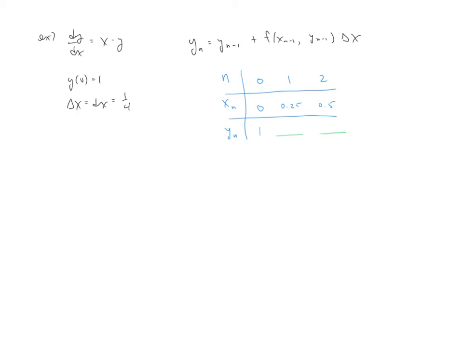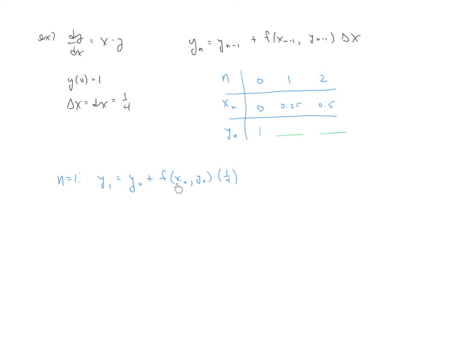Maybe I'll write it as when n is equal to 1, we're going to get y sub 1 equals y sub 0 plus the function evaluated at x sub 0, y sub 0, and then our delta x here at 1/4 or 0.25, whatever you want to call it. Okay, now all I did again was I took my 1 and I plugged it in here. That gives me my 0 there, my 0 there, my 0 there, and then the 1/4.